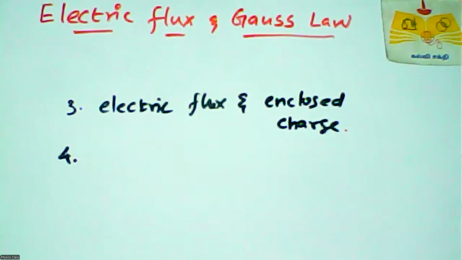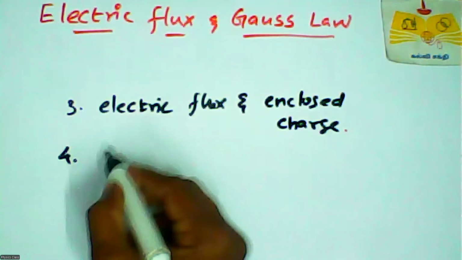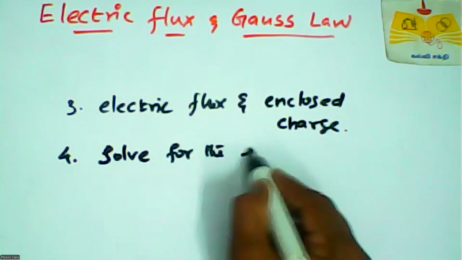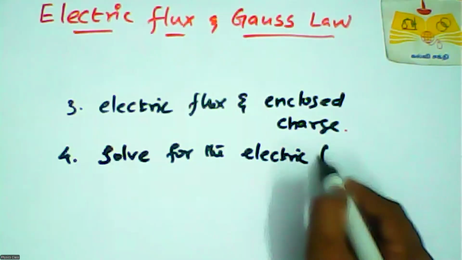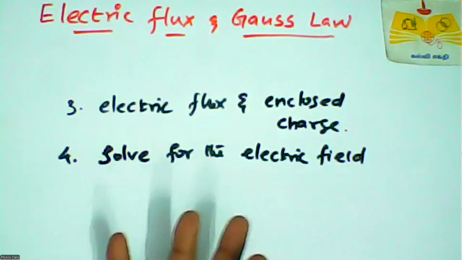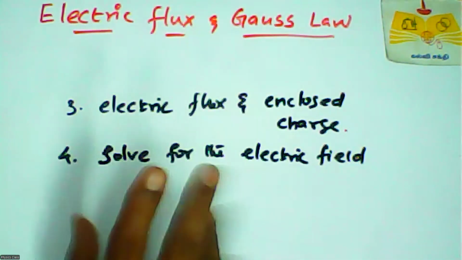And fourth point, last point, solve for the electric field. These are the important four key steps to apply Gauss law: find the charge distribution, choose a symmetric Gaussian surface, find the electric flux and enclosed charge, and solve for the electric field.